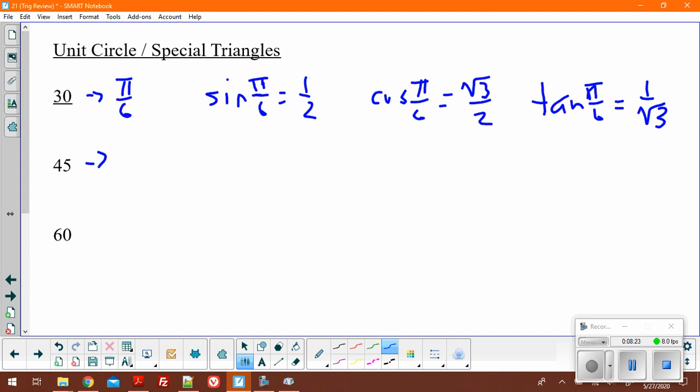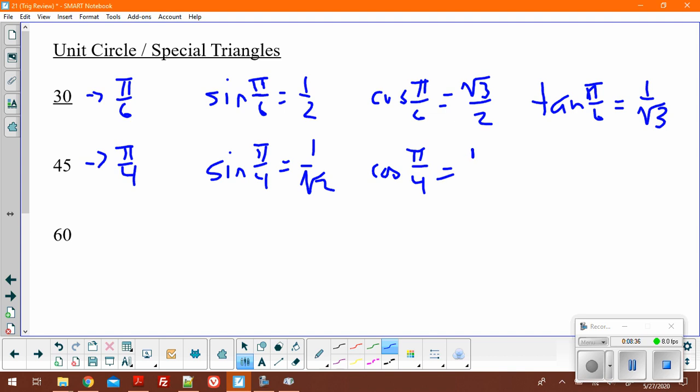For 45 degrees, that's pi over 4. Both sine and cosine are 1 over root 2, and for tan of pi over 4, it's 1.